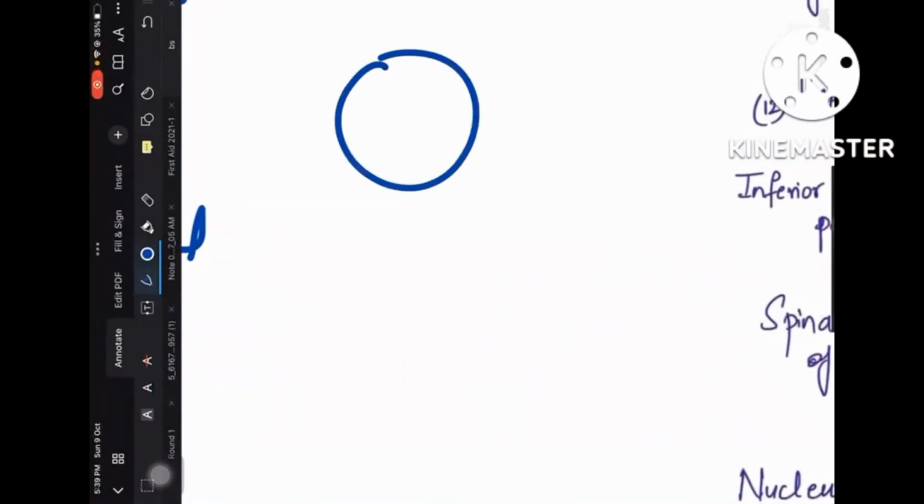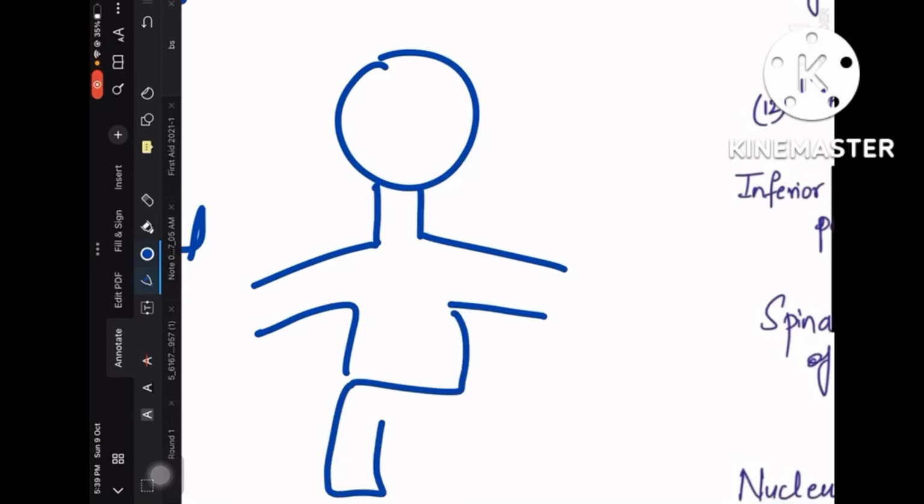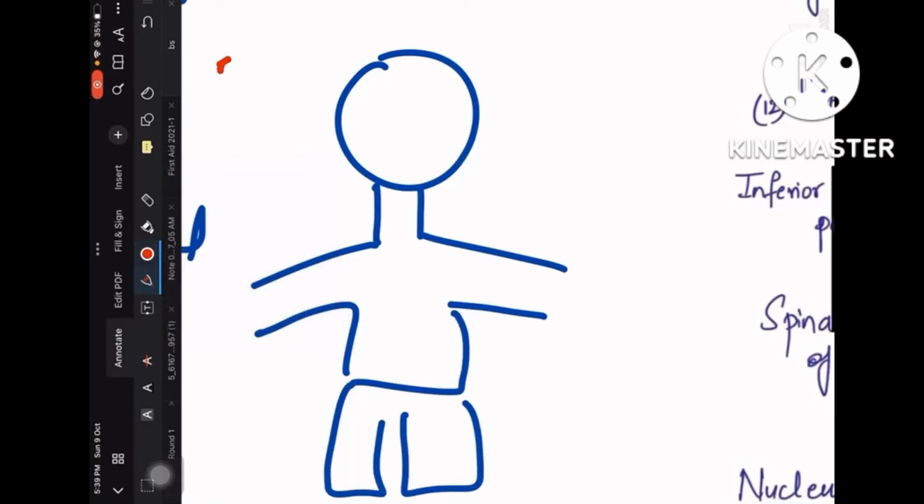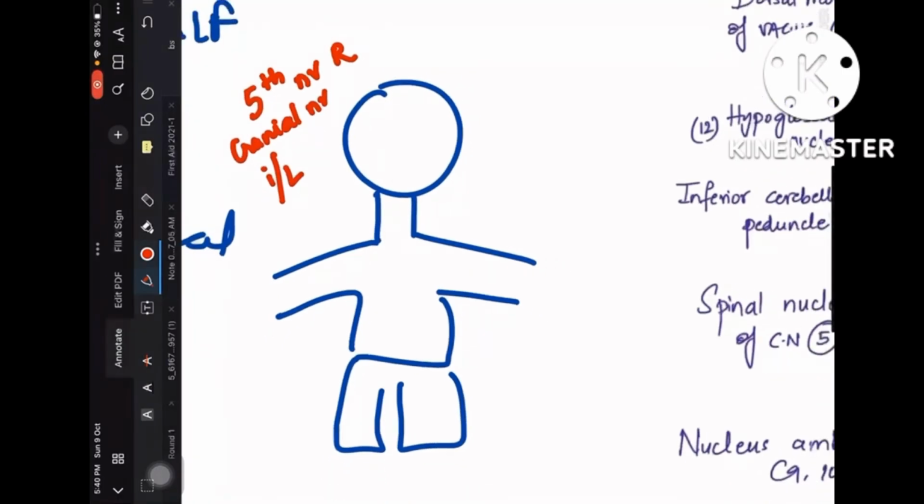Let me draw a diagram. If this is the face and this is the representation of the body of a person, the fifth nerve is nothing but a cranial nerve, right? Whenever a cranial nerve lesion is there, I have already told you that it should be ipsilateral loss. So let us say you have a right-sided lateral medullary syndrome.